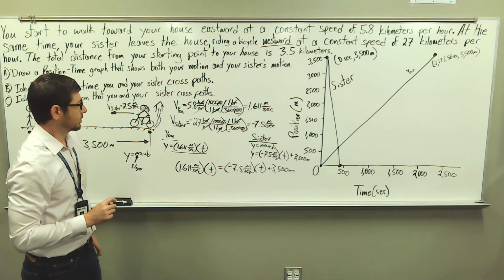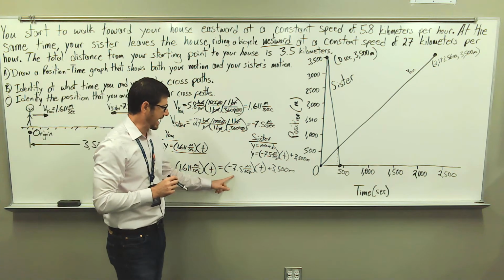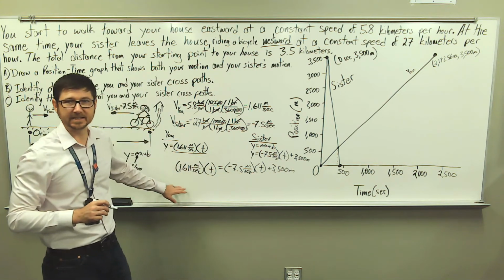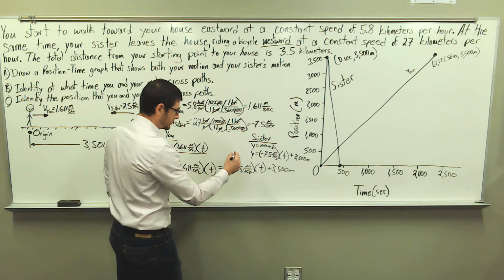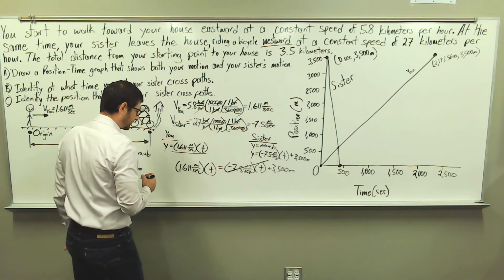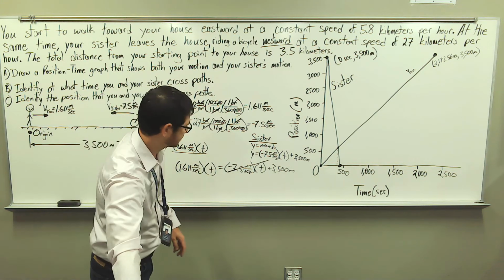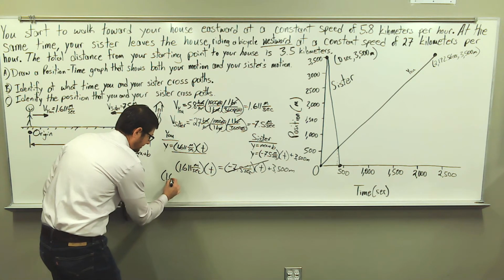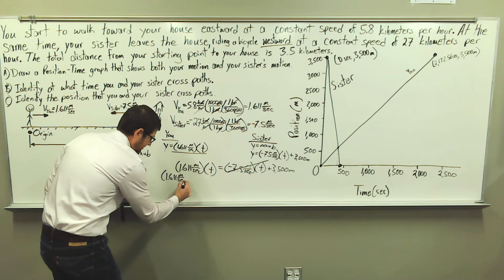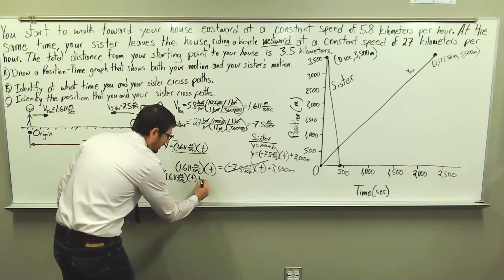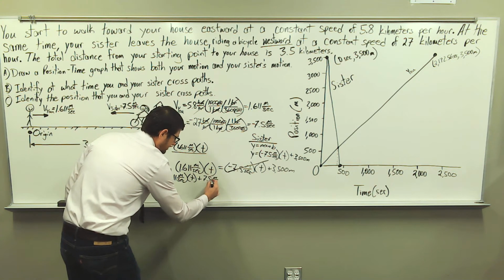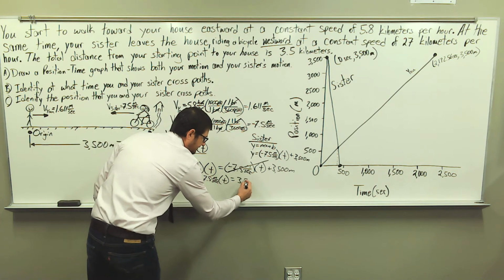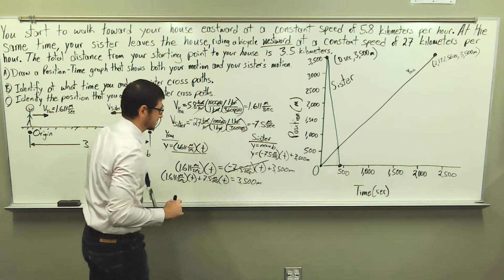What I want to do is add 7.5 meters per second t to both sides of the equal sign. When I do that, it will eliminate it over here. And so this will give me, let me write this down just so it's clear, plus 7.5 meters per second times t is equal to 3,500 meters.